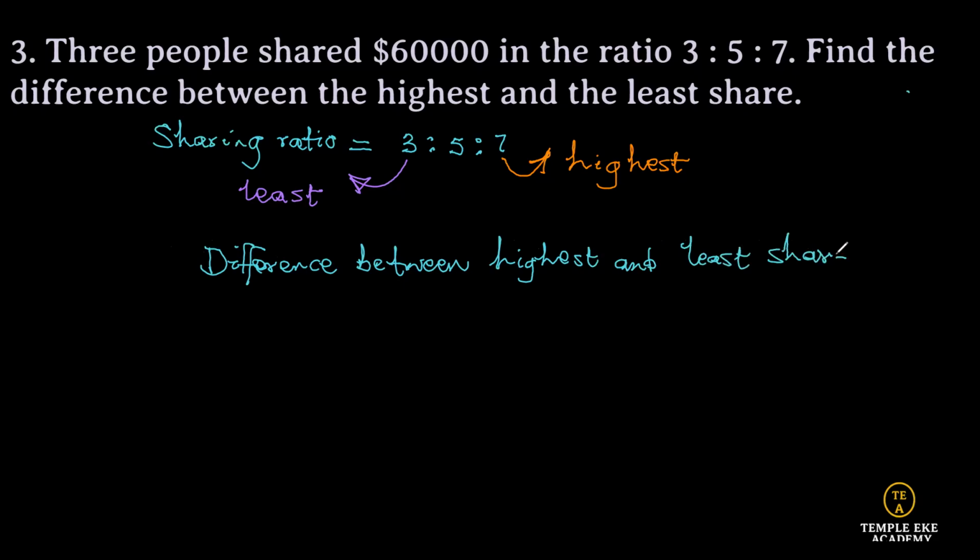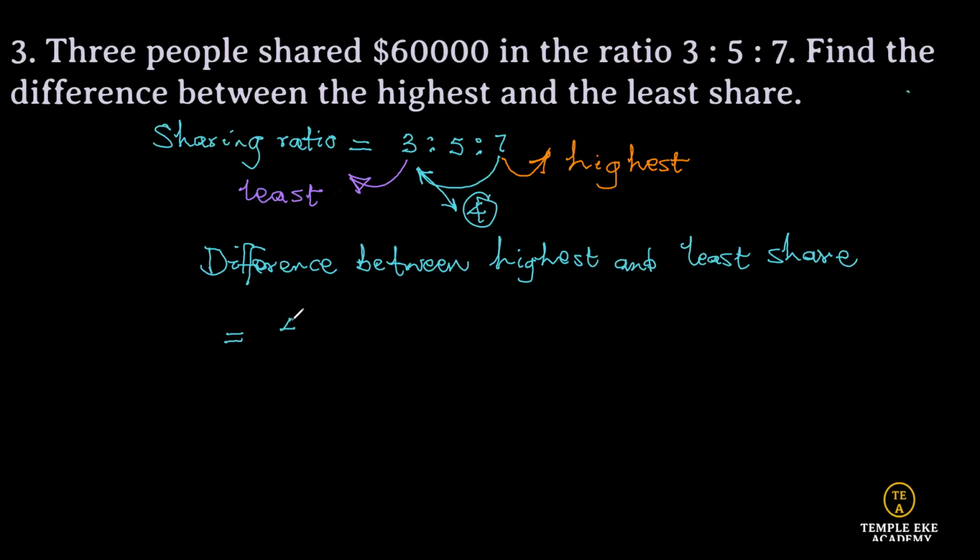That can easily be taken, of course. And that is going to be, now we'll take advantage of the difference in the ratio. The ratio representing the highest share is 7. That representing the least share is actually 3. So 7 minus 3 gives us the difference we're looking for. 7 minus 3 gives us 4. And we're going to make use of that.